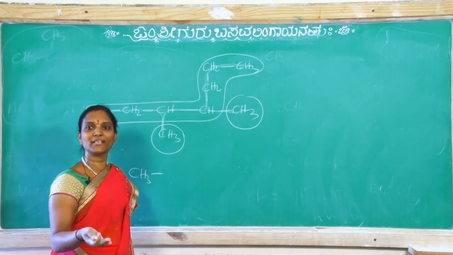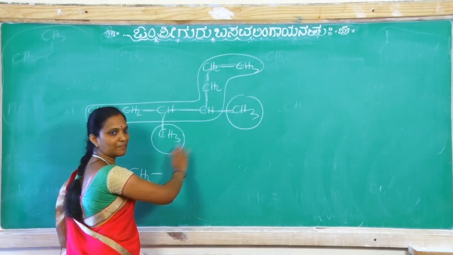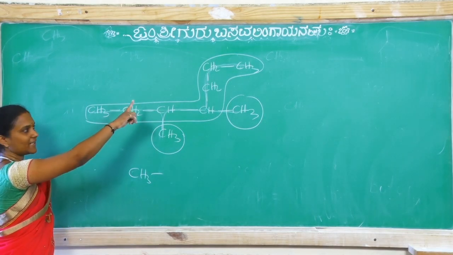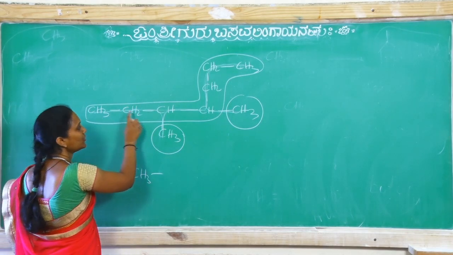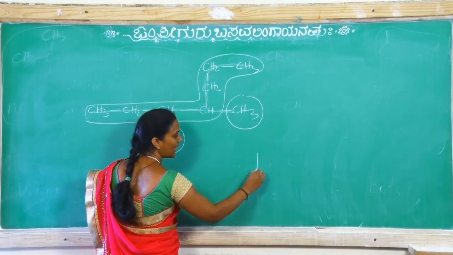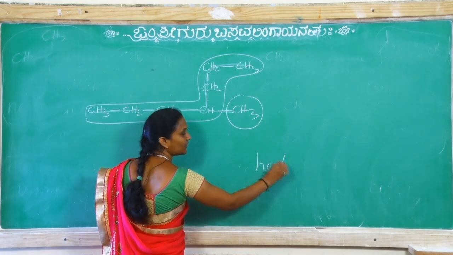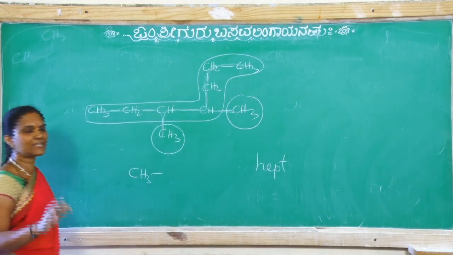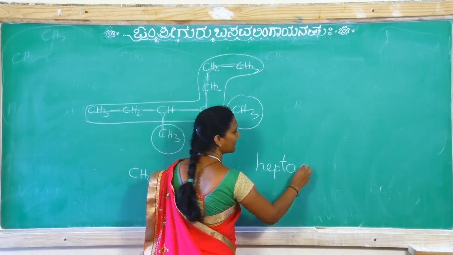More than one means we have to use di. Dimethyl, 2 methyl groups given. Now select the parent chain. This is the parent chain. How many carbons? 1, 2, 3, 4, 5, 6, 7. 7 carbons, hept. All single bonds, no double bonds, complete single bonds: ane. Heptane.